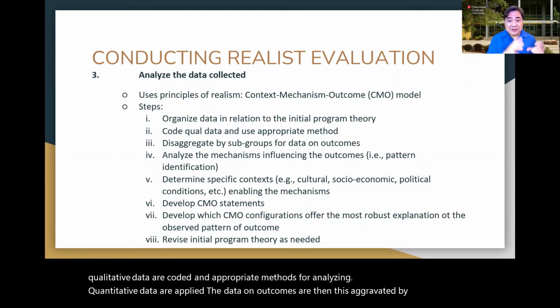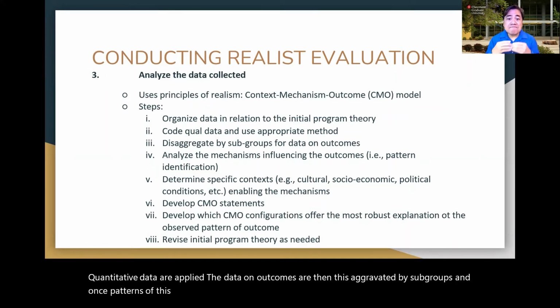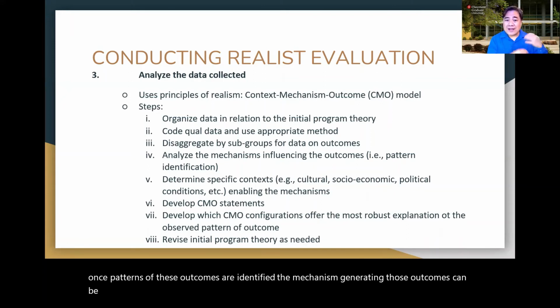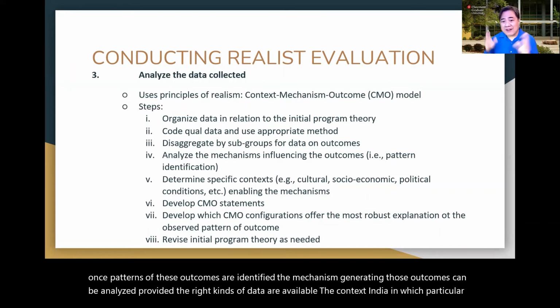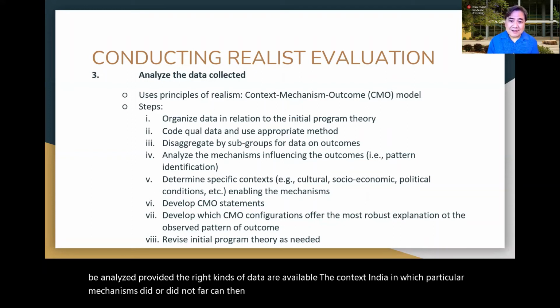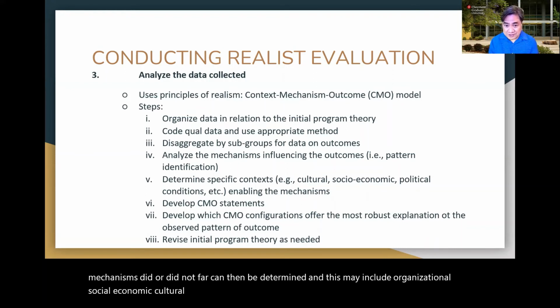And once patterns of these outcomes are identified, the mechanisms generating those outcomes can be analyzed, provided the right kinds of data are available. The context in which particular mechanisms did or did not fire can then be determined. And this may include organizational, socioeconomic, cultural, and political conditions.